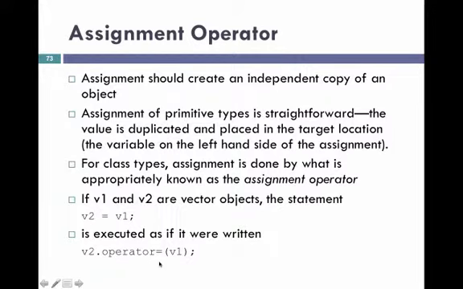So we're going to do the equals, or the assignment operation, as defined for vectors. And notice the left-hand side vector becomes the instance upon which we invoke the equals operator, and the right-hand side is passed as a parameter. We saw this kind of thing in operator overloading back in Chapter 1.